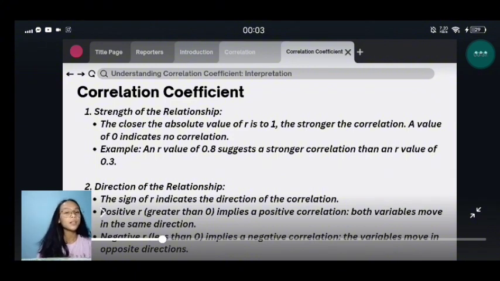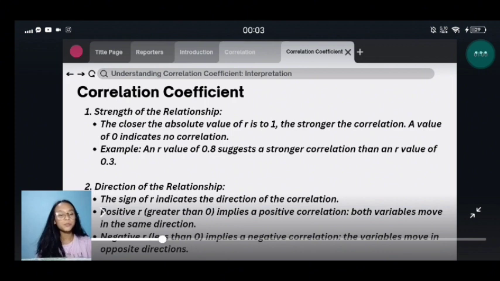Number 2, direction of the relationship. The sign of R indicates the direction of the correlation. Positive R or greater than 0 implies a positive correlation. Both variables move in the same direction. And negative R or less than 0 implies a negative correlation.